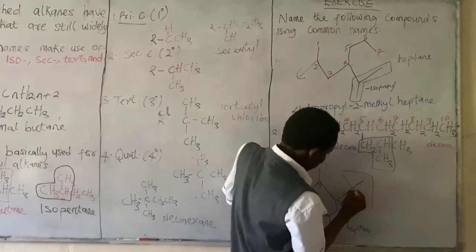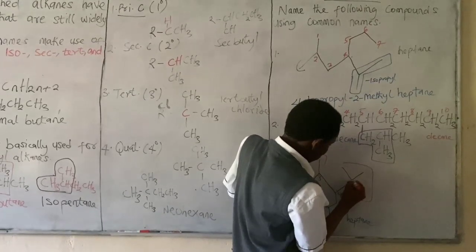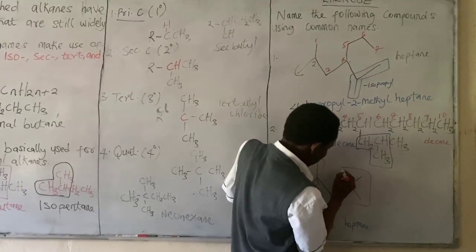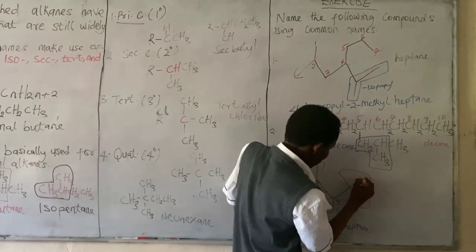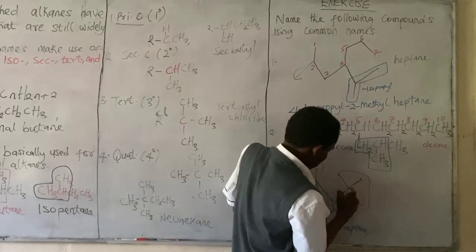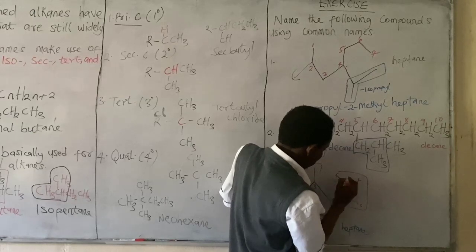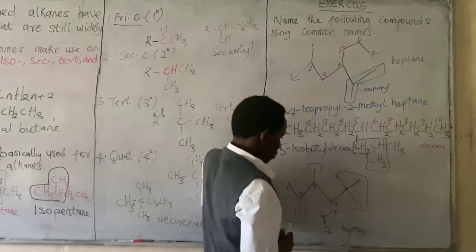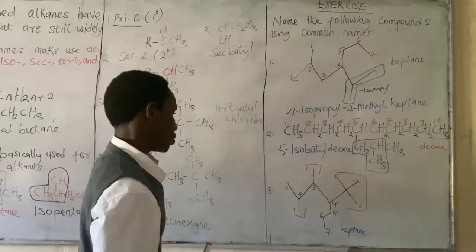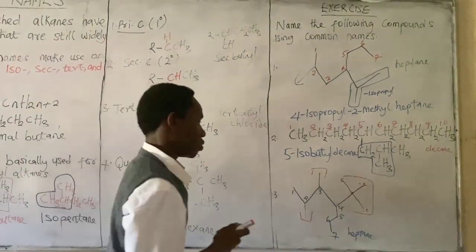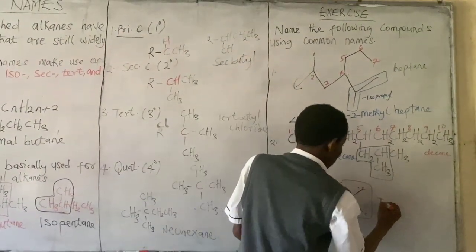We have carbon here. This carbon is surrounded by three other carbon atoms. So what should that do to our mind? Tertiary carbon. So we use tert.